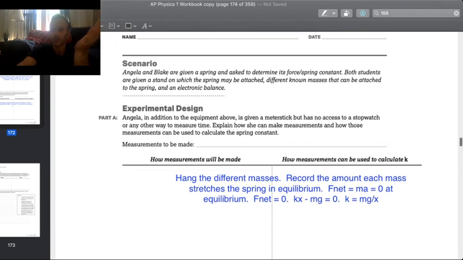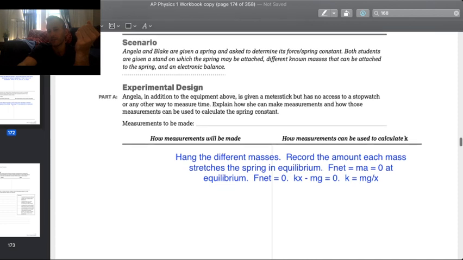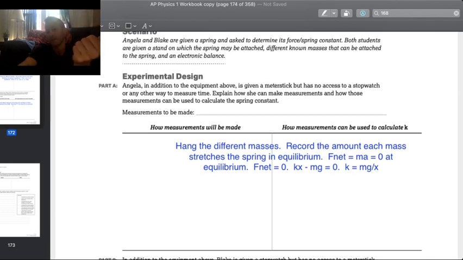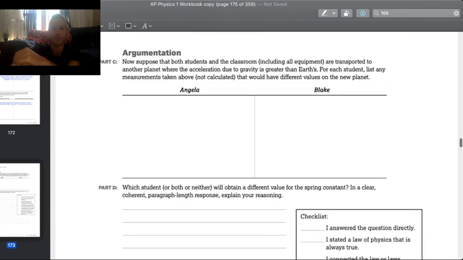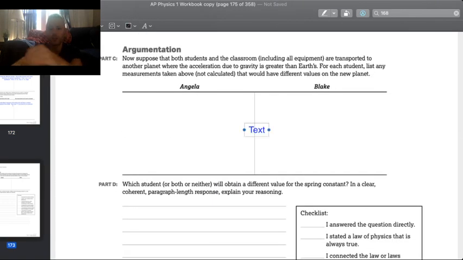So for Angela, you see how the k value depends on gravity. Basically, if gravity is stronger, the spring is going to stretch more. So what I would say is for Angela, x will be different.